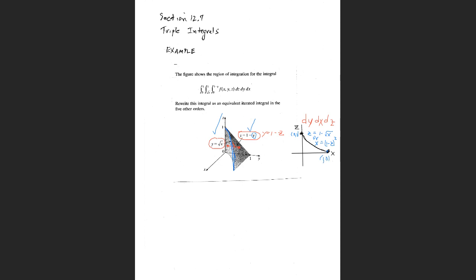Since you're doing dx dz, you're treating this region like a type 2 region.